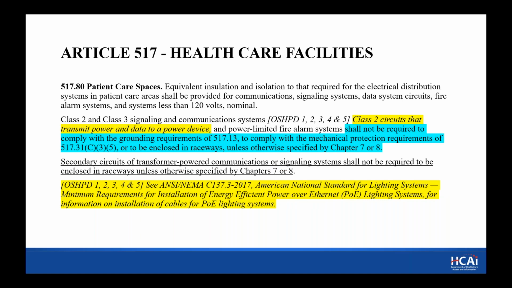517.80. So this is significant. This is an answer to the new evolution of technology for power over Ethernet lighting. And it essentially says that class 2 circuits that transmit power and data to a powered device shall not be required to comply with the grounding requirements of 517.13, which is the redundant grounding, or with the mechanical protection requirements of 517.31.